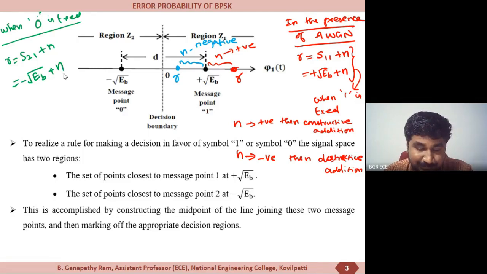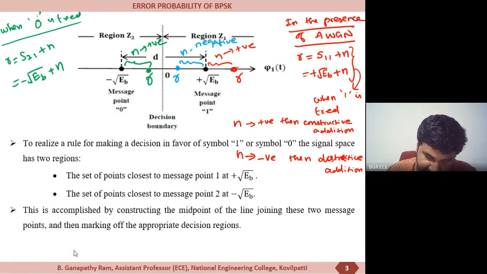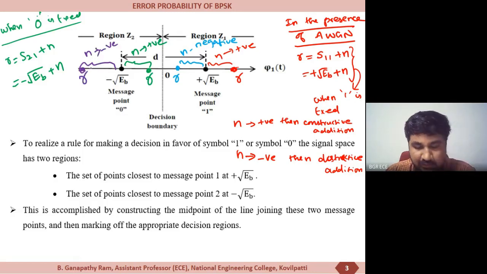If N is positive, then R will be located here. If N is negative, then R will be located here.